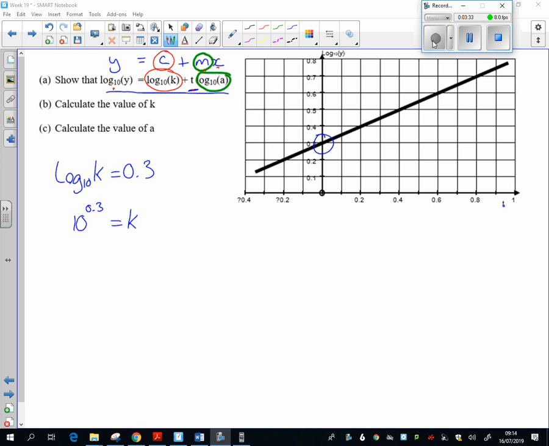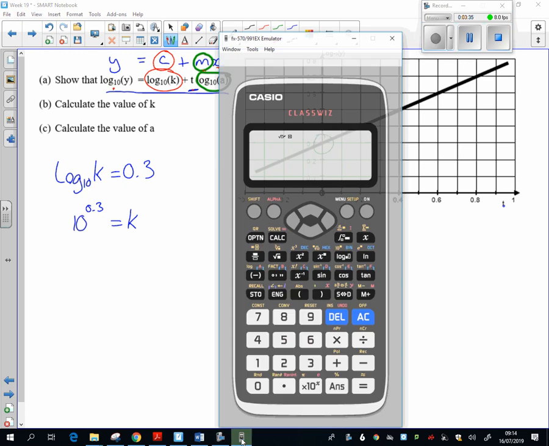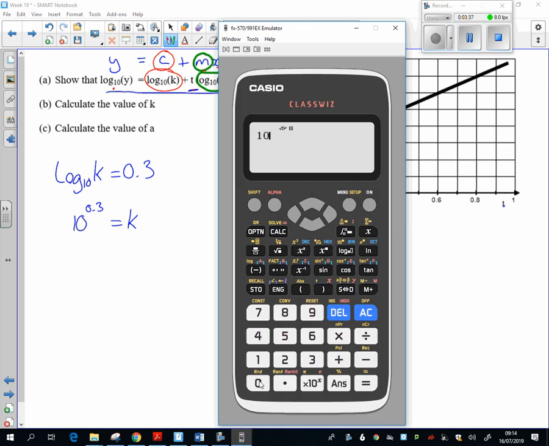It doesn't mention which form to give it in, so I will get that as a decimal. So 10 to the power of 0.3, and I will give that to 3 significant figures. So that's going to end up being 2.00 if I round that to 3 significant figures.